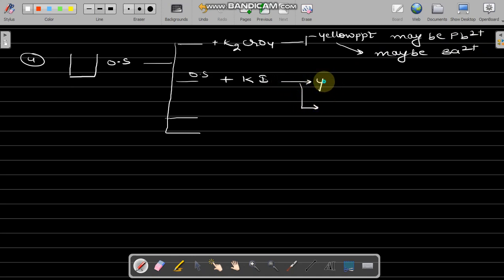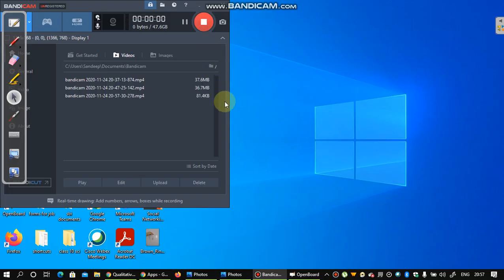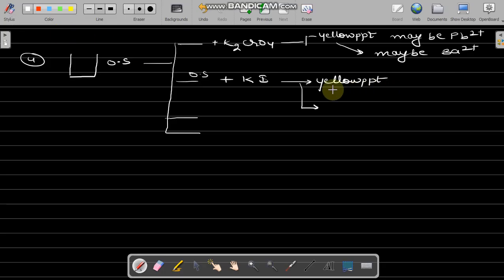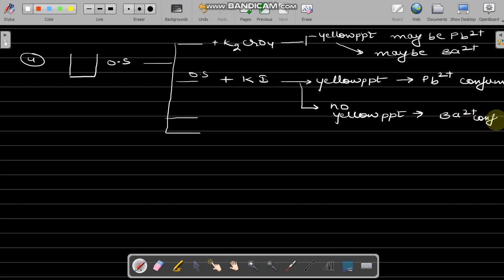If again yellow PPT comes, then lead presence is confirmed. And if no yellow PPT comes, then barium presence is confirmed.